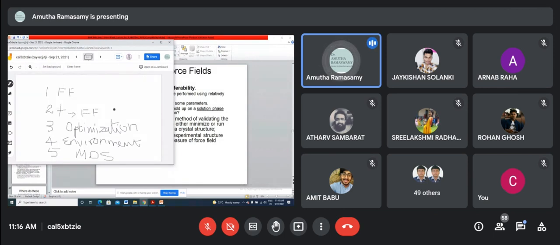So this is the flow chart of what we are going to study in MD. Now we know what a force field is, and in this class we are trying to learn how this force field is applied. And once it is applied, we will go for the next phase, that is the minimization or optimization.